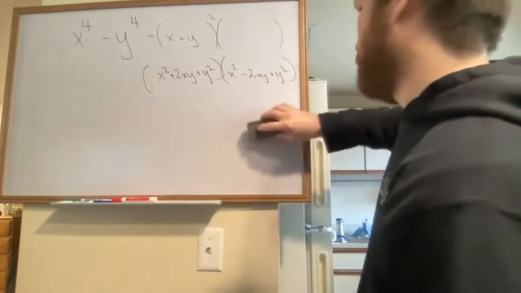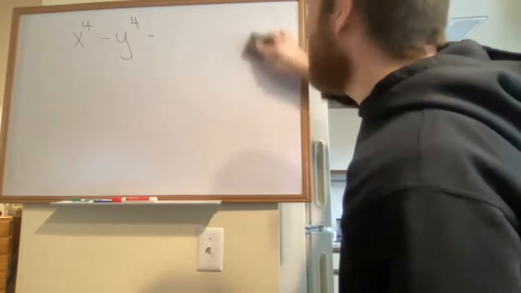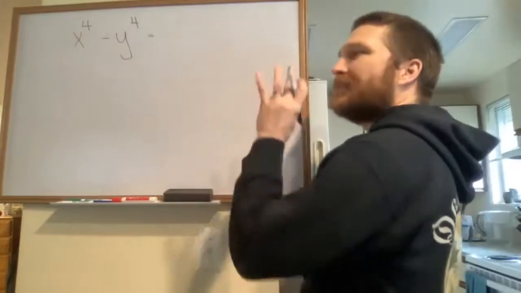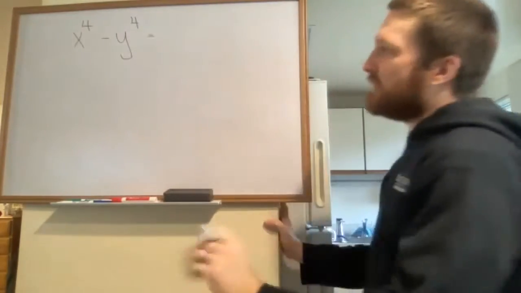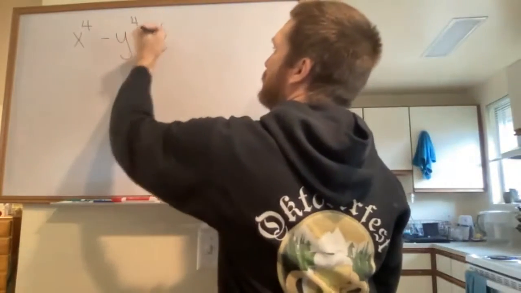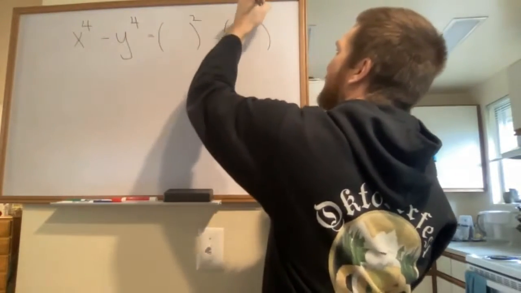Now, what I notice is that this is a difference of squares. We could just jump straight to the chase, but the way I like to do it is rewrite it as actually a difference of squares, that is raised to the second power.